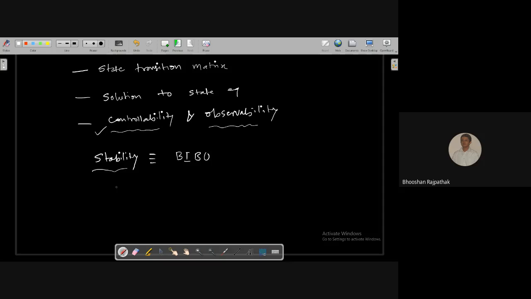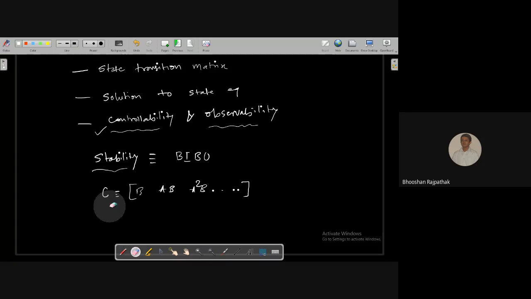To check it, you form the controllability matrix B, AB, A squared B, and so on. If A is n cross n, the last entry will be A raised to n minus 1 B. If this matrix has full rank, the system is controllable. That is the mathematical check.